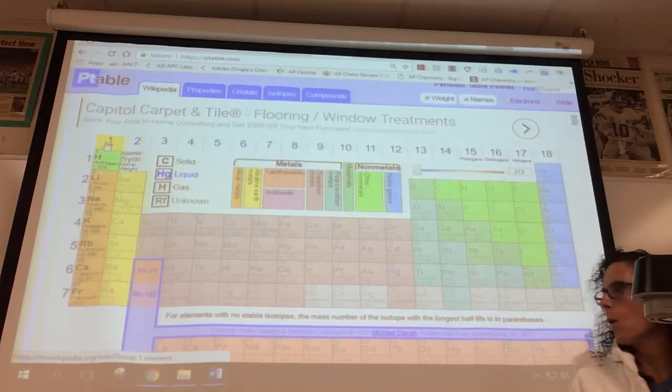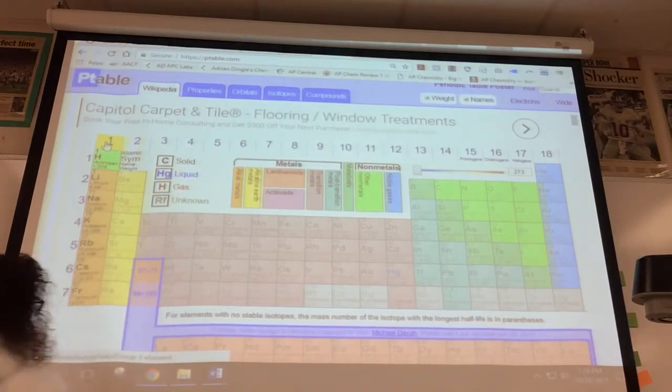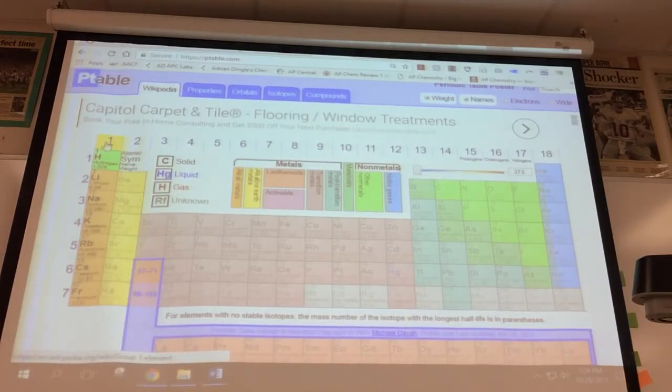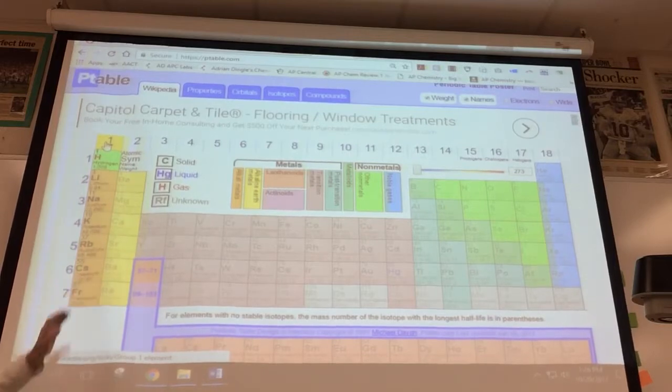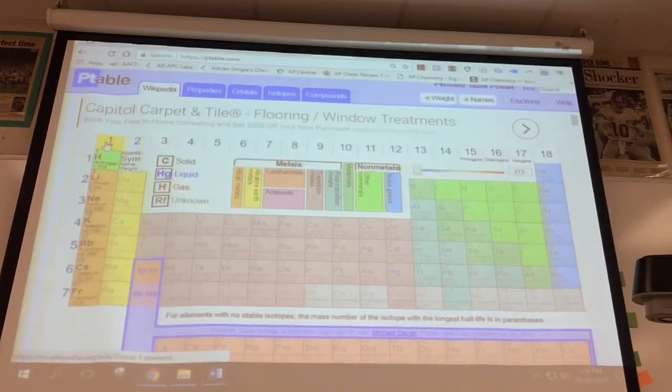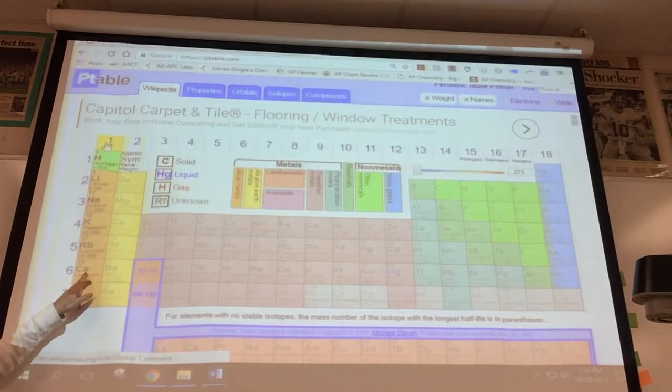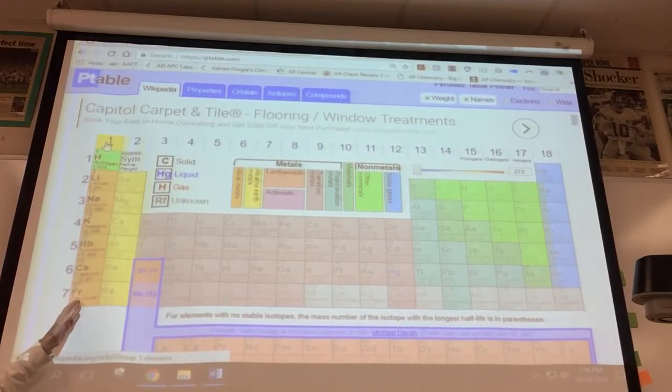Let's think about why. All the elements in group 1 have how many valence electrons? 1. Now, when you compare that valence electron, let's compare, for example, lithium and cesium. Whose valence electron is farther from the nucleus with more electron shielding? Cesium's. And as a result, as you go down the group or family, the metal reactivity gets higher and higher.